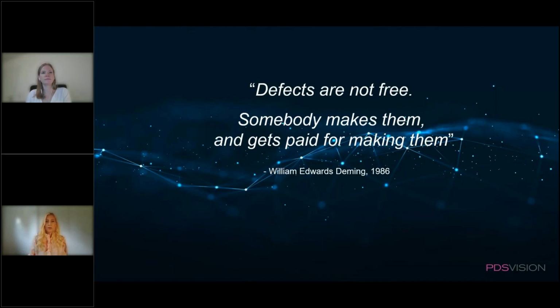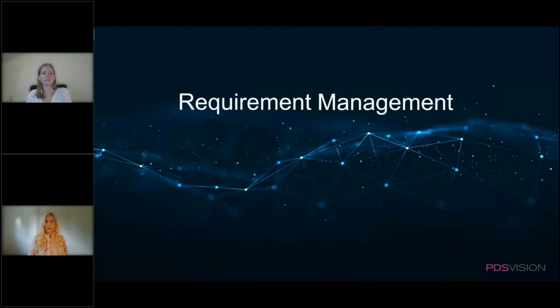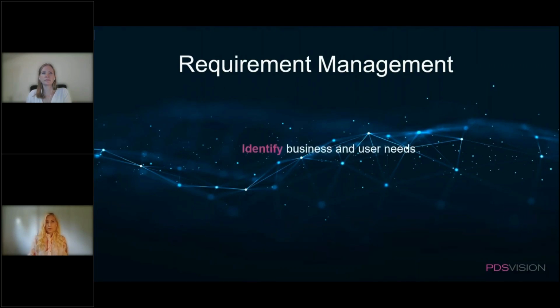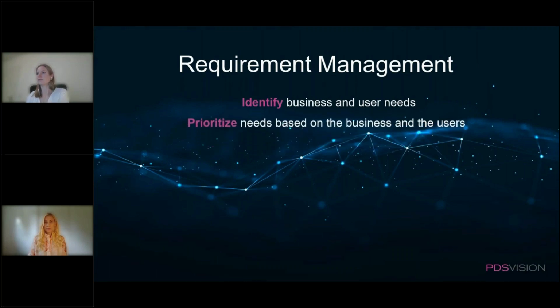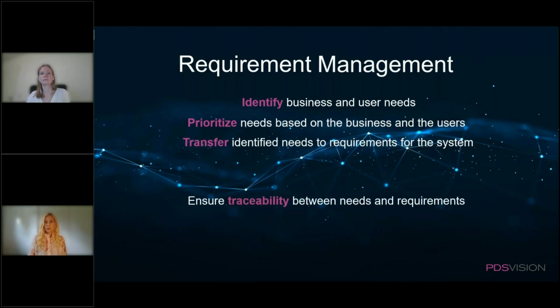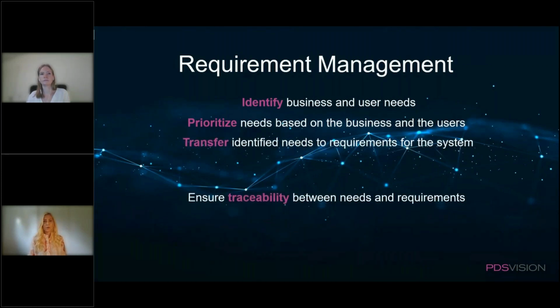I would like to begin with a short overview of what type of core activities there are within requirements management as an introduction of today's session. So it all begins with identify the business and the user needs, prioritize those needs, transfer the identified needs to the requirements of the system, and ensure traceability between needs and requirements.